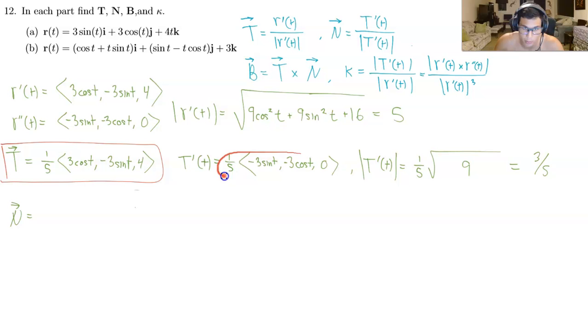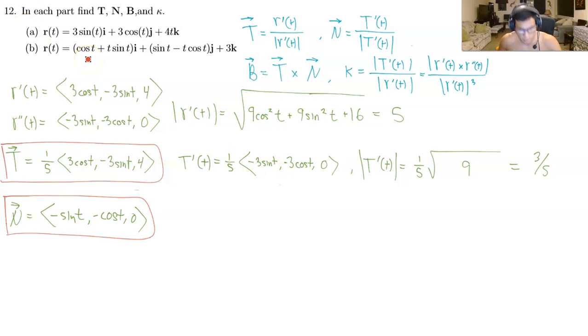And remember, there's 3/5 here and there's a 3/5 here. So the 3/5 cancel out, and this vector is just going to become negative sine t, negative cosine t, 0. There we go.